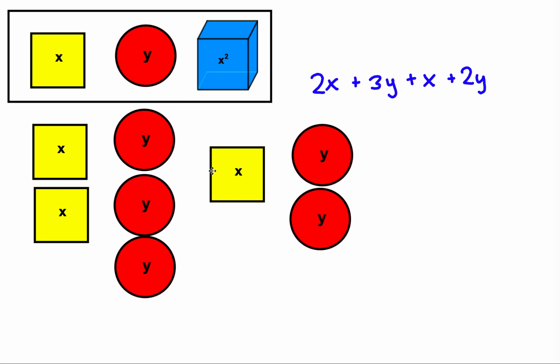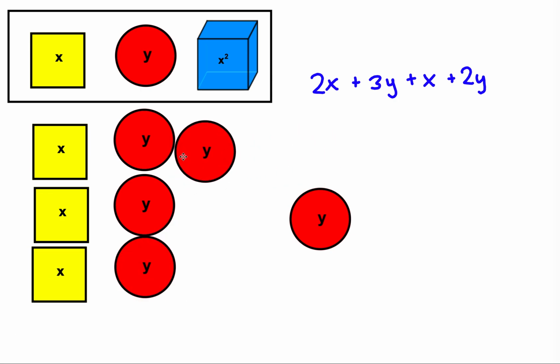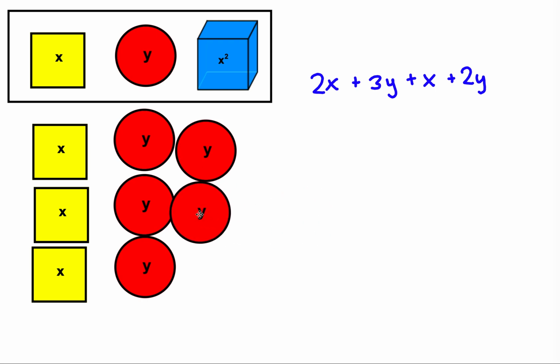So if I move them so that the same letters are with each other, my simplified expression is going to be 3x plus 5y. I have 3 x's and 5 y's there.